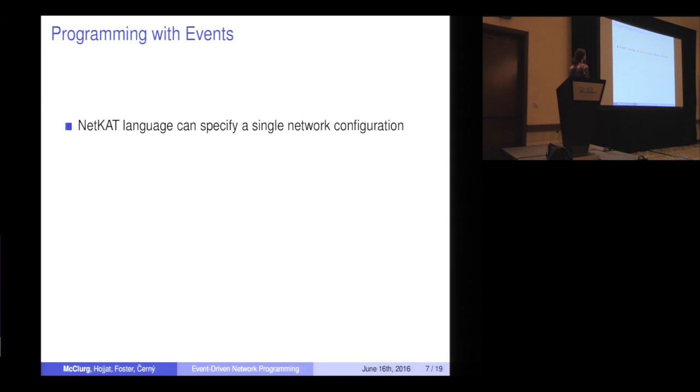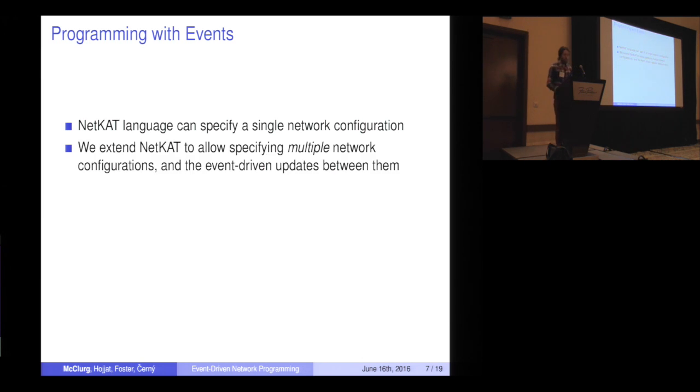So now that we have seen the consistency model that we want, let's look at how we can actually program in our approach. So as I said a minute ago, the netcat language can specify a single static configuration. What we want to do is extend this to allow specifying multiple configurations and also talk about updates between them caused by events.